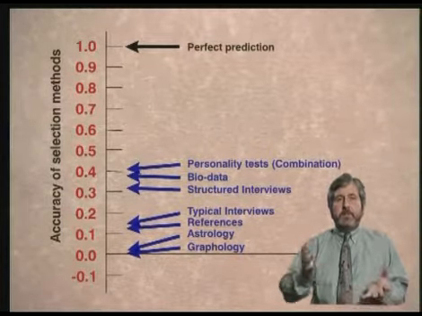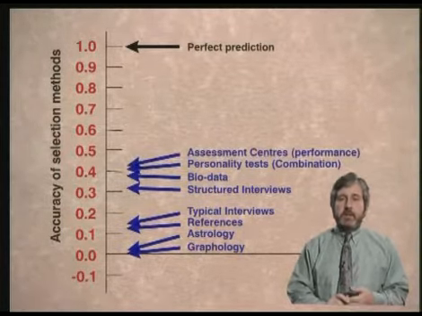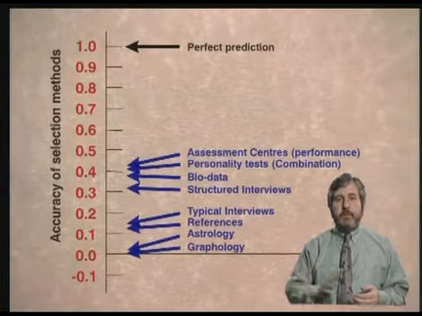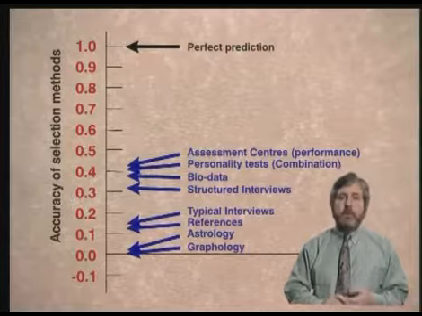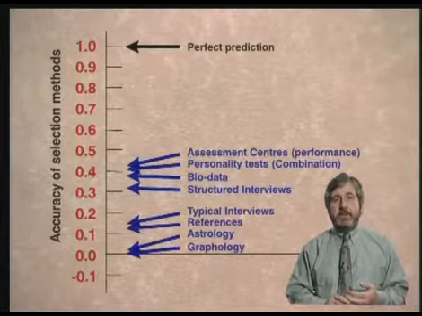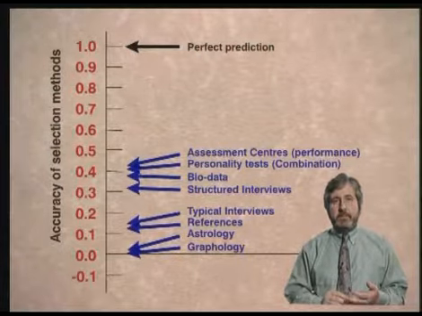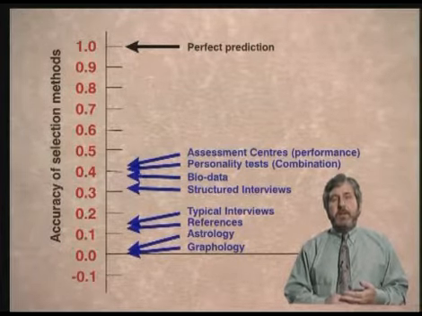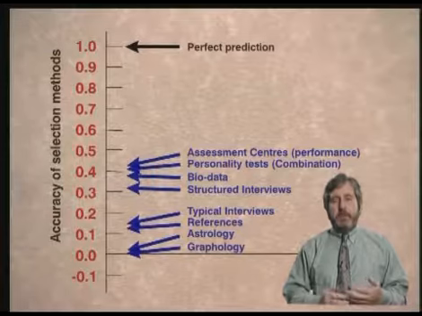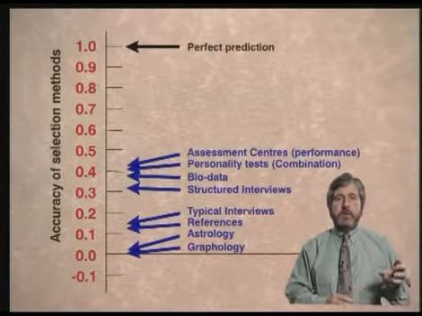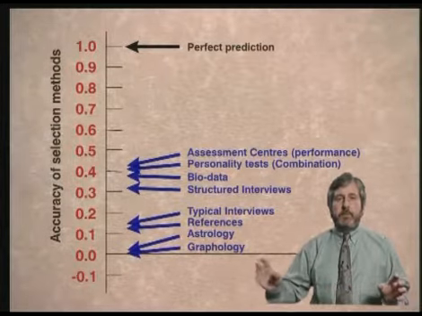Next up the scale, and we're combining activities here, we come to the assessment centre which is being used to select somebody for employment. Now, for those of you who aren't familiar with this, the assessment centre is a situation where a number of candidates undertake a number of tasks, and while they do this, they are being observed by people in the organisation, usually managers, who've been trained to relate the candidate's performance on the tasks to the job requirement.